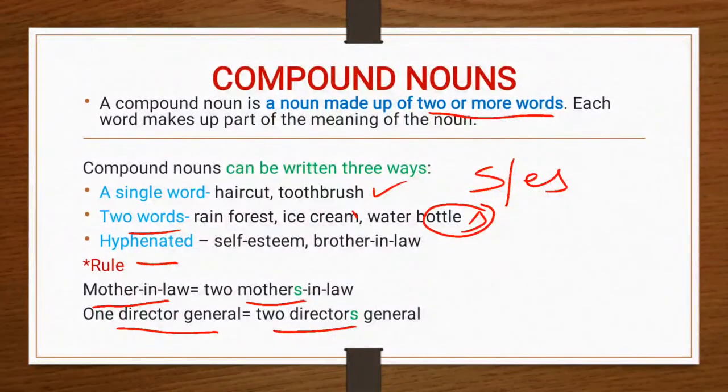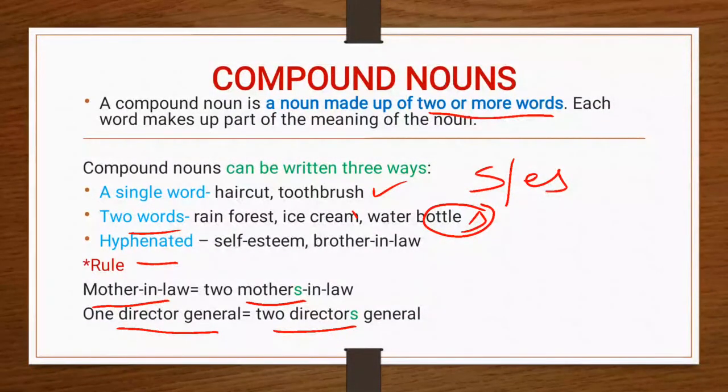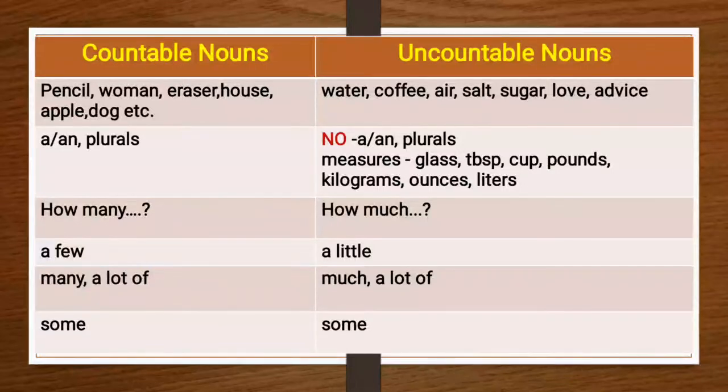I hope now you have understood compound nouns and their correct use in a sentence. Now, let's move on to the next category of nouns, that is countable and uncountable nouns. Countable and uncountable nouns.